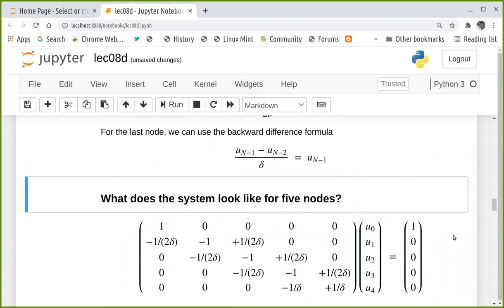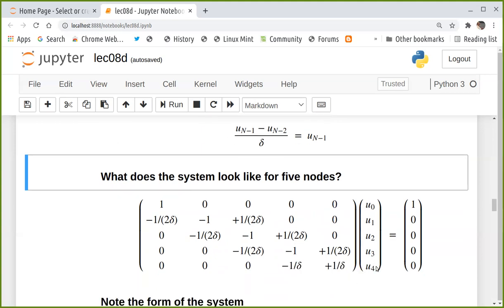The first one, u0 is specified. So this matrix equation says that 1 times u0 is equal to 1. Okay. And then we have the central difference formula for the derivative at u1. We have the central difference for u2. We have the central difference for the derivative at u3. And we have the backward difference at u4.